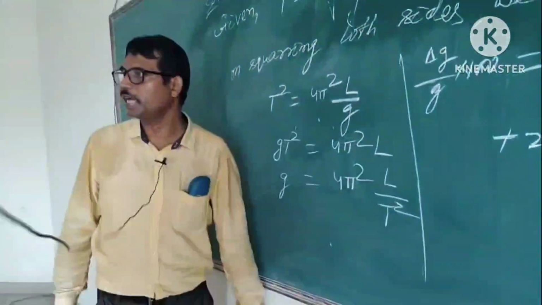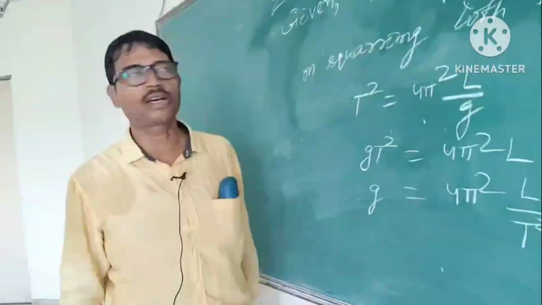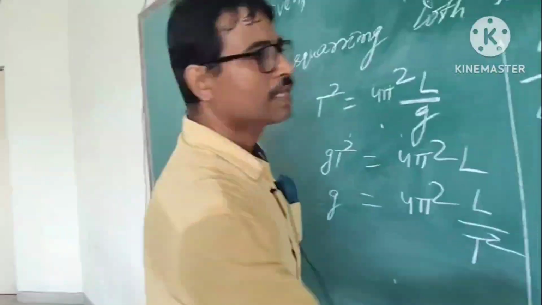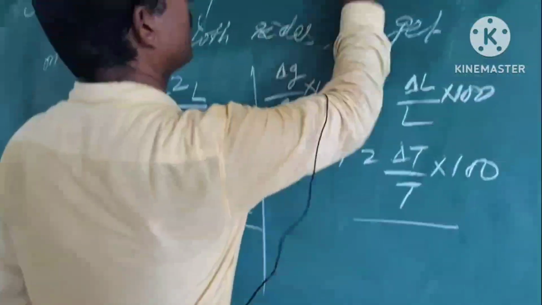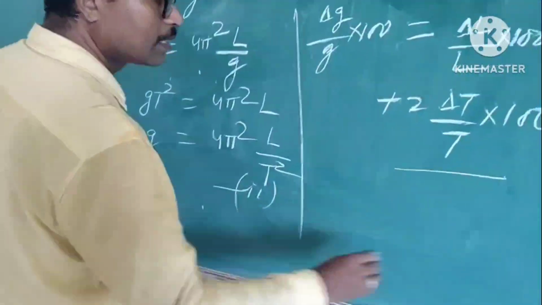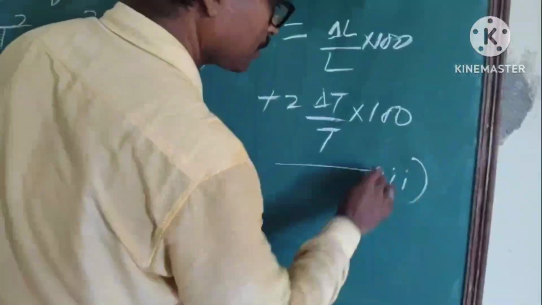This is the process you have to write in this manner. Put the value. What is given? Suppose this is the first one, this is the second one, this is the third equation.